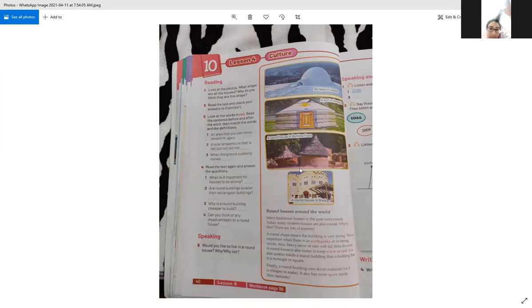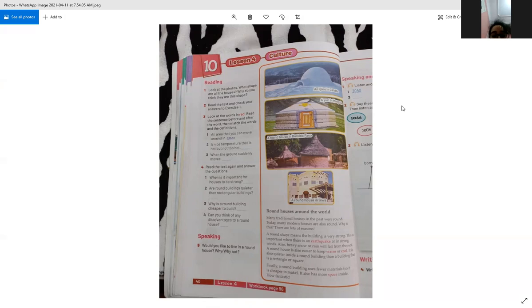Now, let's read the passage here. Round houses around the world. Mariam, can you read, please? Many traditional houses in the past were round.